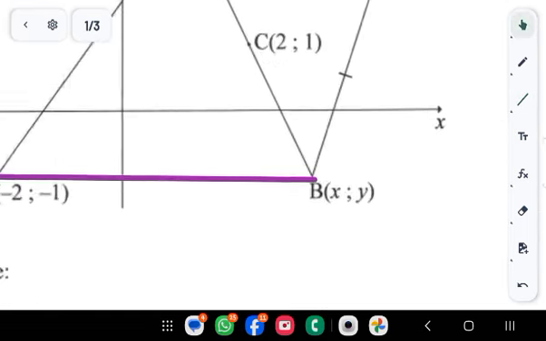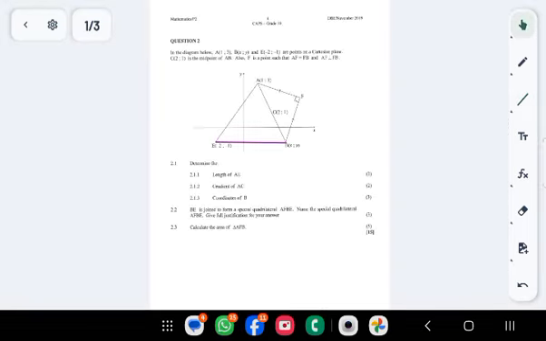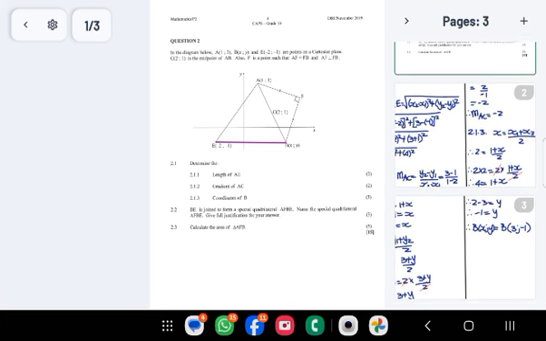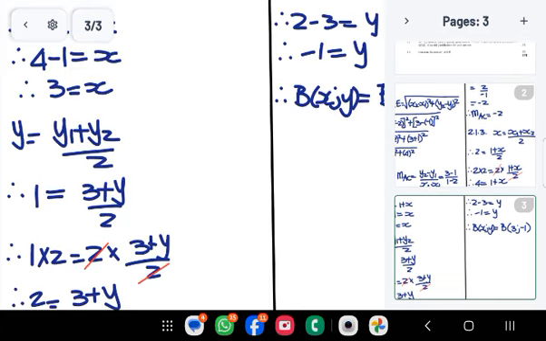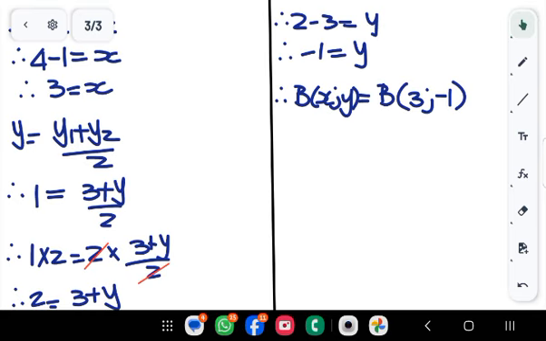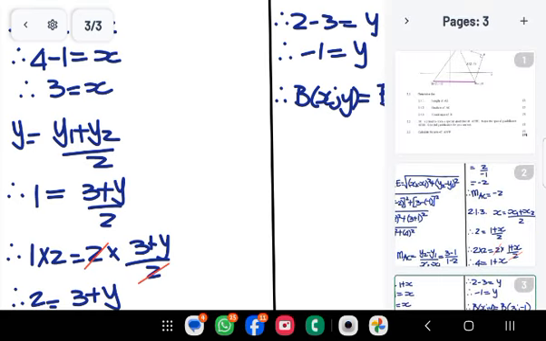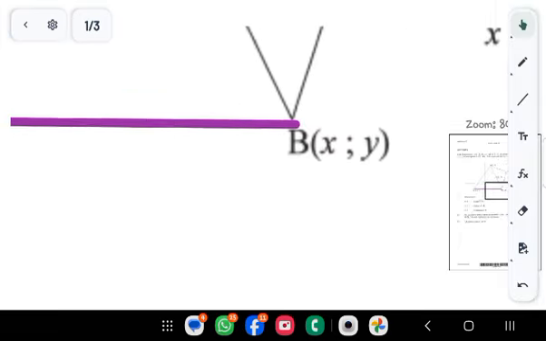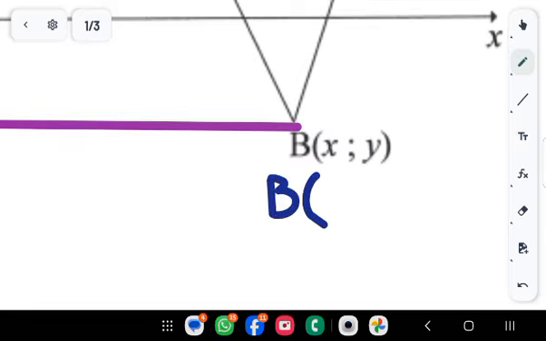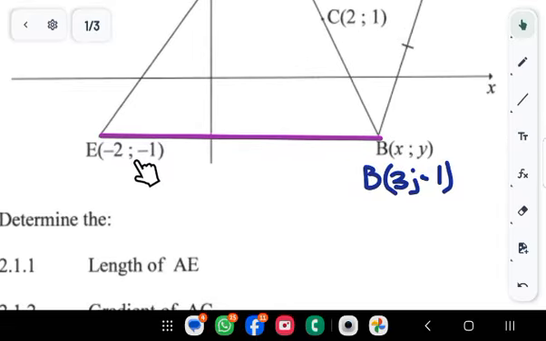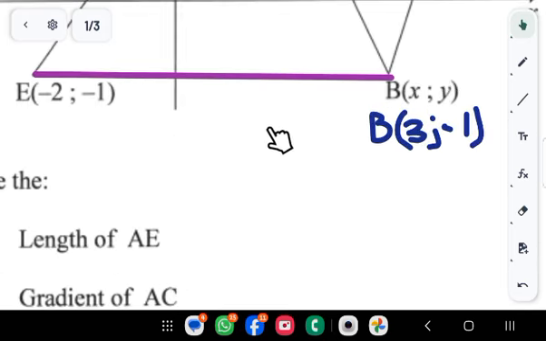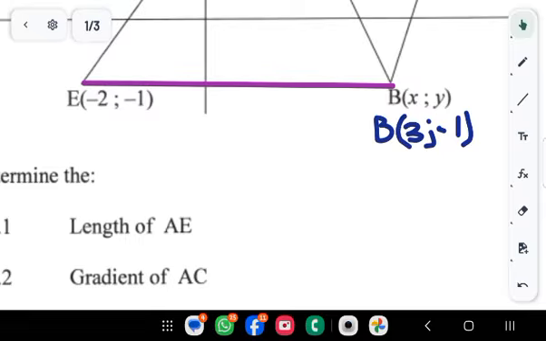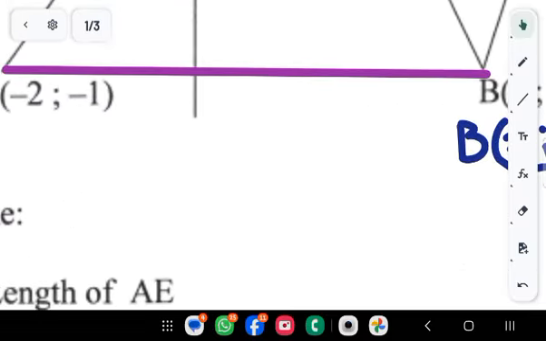All right. Now, the coordinates of B, we said the coordinates of B are 3, negative 1. They are on the same y level with the point E. So the distance between the two is simply the distance between the x-coordinates.